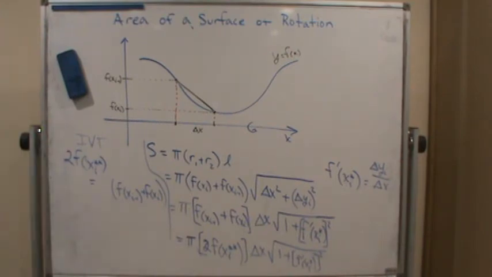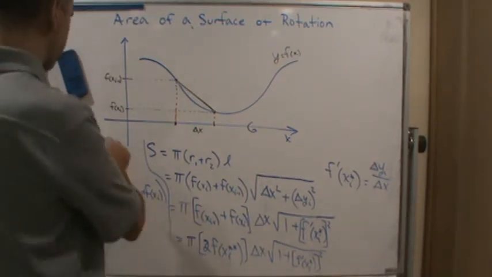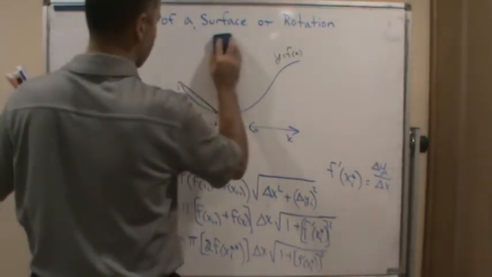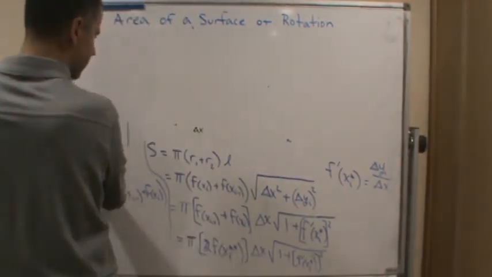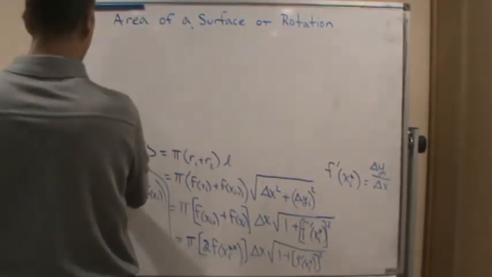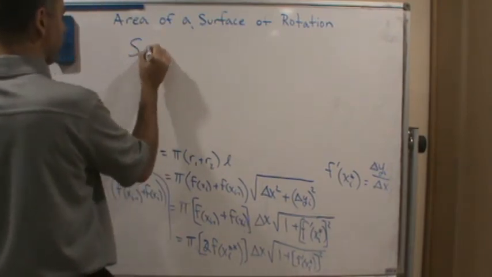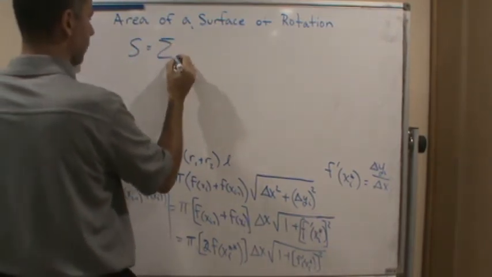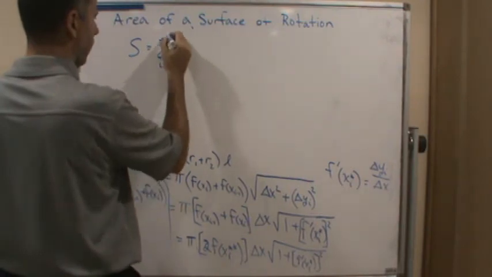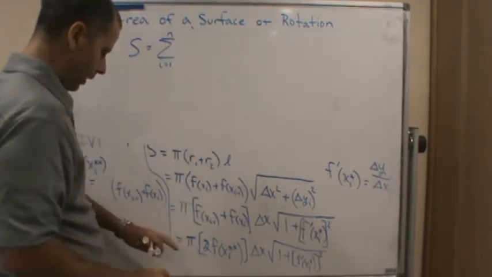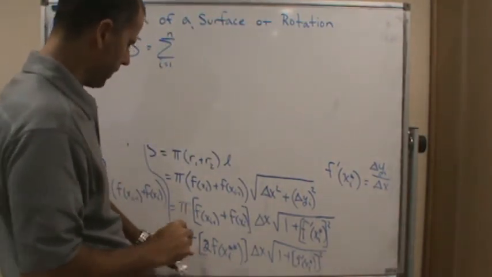And that's what I have so far. So now we can use this to approximate the surface area by using the summation. So now S equals the summation from I equals 1 to n of this thing. So now I'm going to rearrange some things.